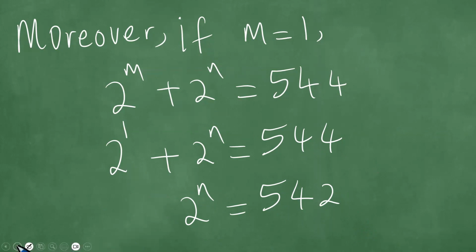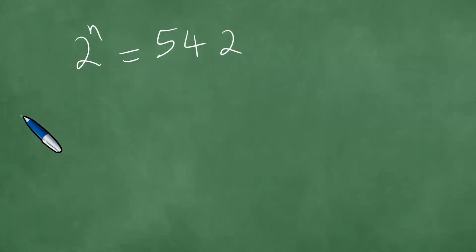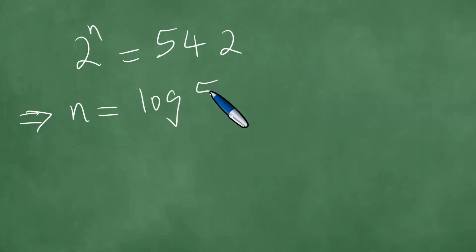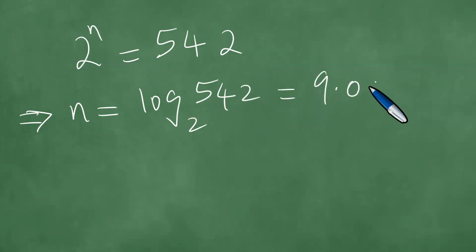So 2 to the power n is 542, and this means that n is the log of 542 base 2, which is 9.08214.